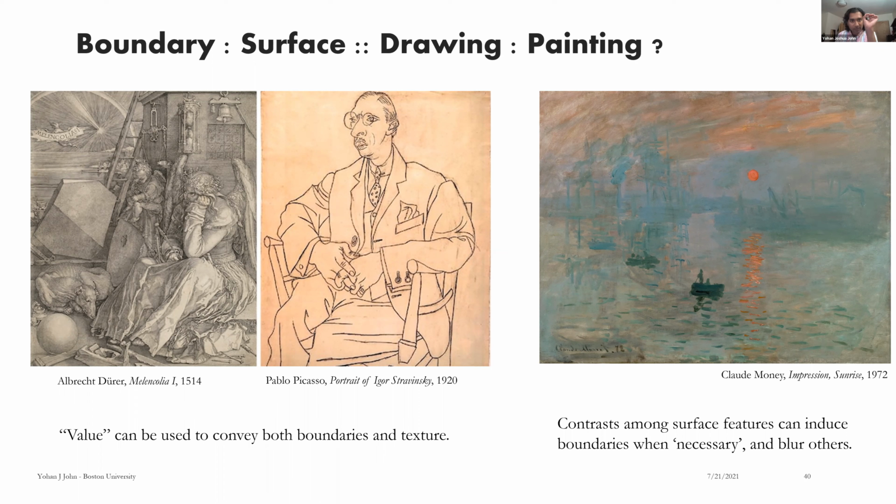And with boundaries, you're specifying what the visual system constructs anyway if it's provided with enough information. So contrast among surface features can induce boundaries when necessary and blur others. So the subjective effects, which are so compelling for many people with impressionist paintings, are related in a way to the fact that they capture parts of how we do experience, like certain hazy days or very bright days.